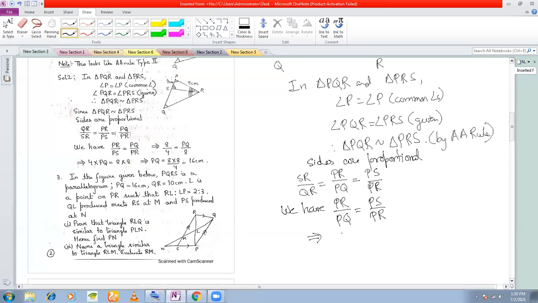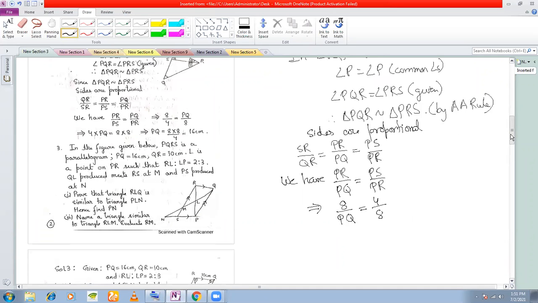Put the values here. The length of PR is given to be 8 centimeters, right? And the length of PQ we need to calculate. PS, the length is given to be 4 and PR is 8, right?